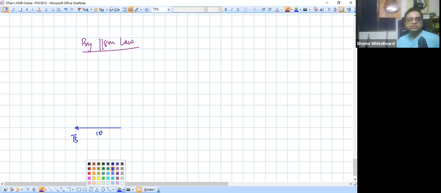Vector A, its magnitude is not known, but its angle is 60 degrees from this side. This angle is 60 degrees. And this is the common origin from which we have drawn the parallelogram. So now let's complete the parallelogram.